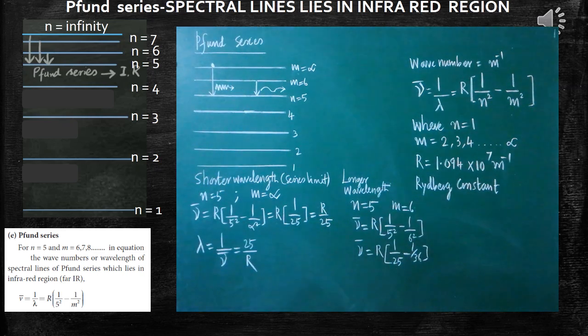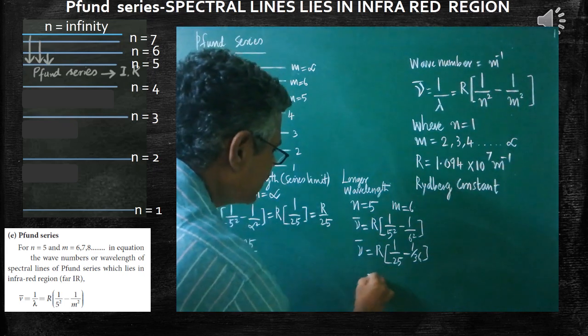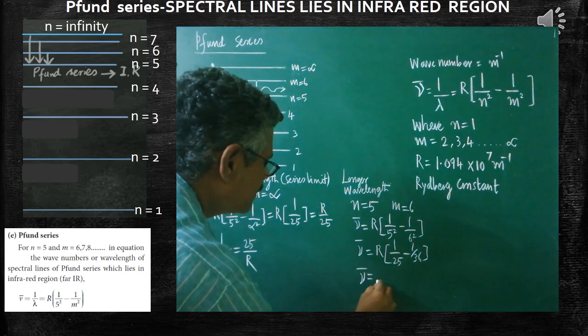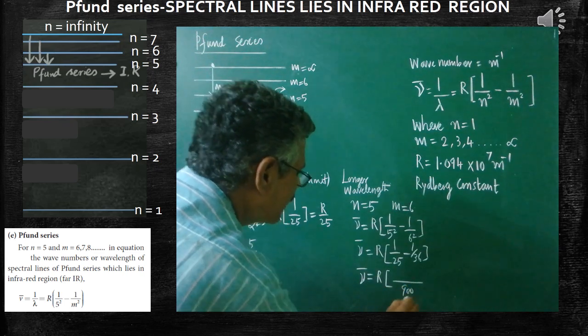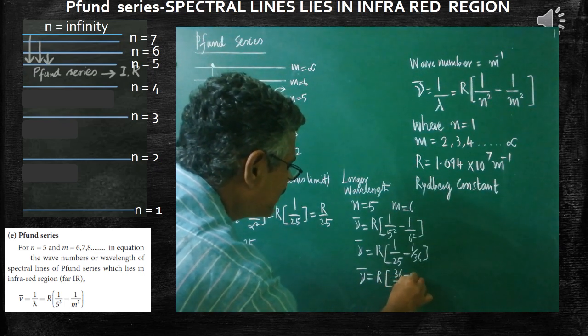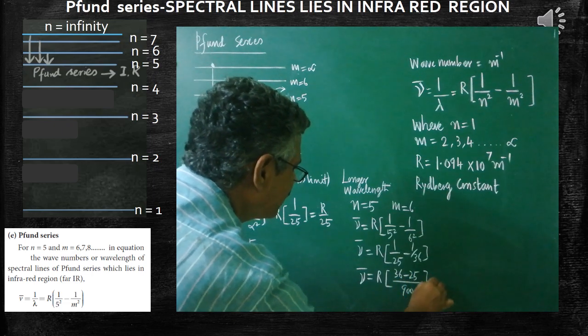Here both the two values must be multiplied: 25 into 36 is equal to 900. So the next step, we can write nu bar is equal to R into, after taking LCM, 36 minus 25 over 900.